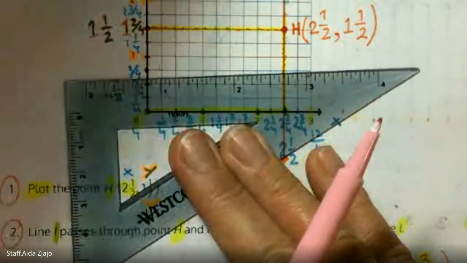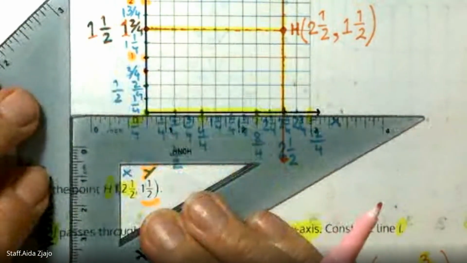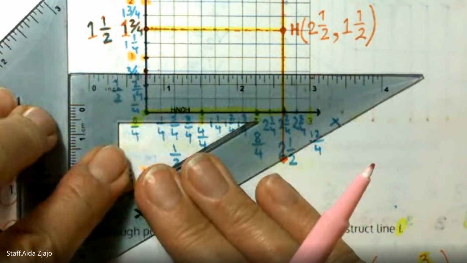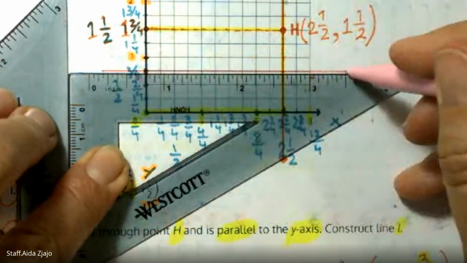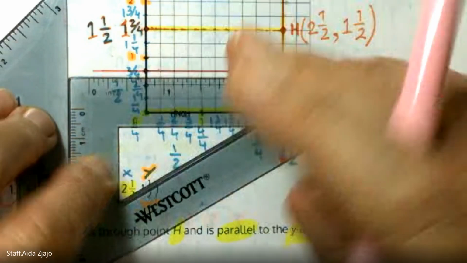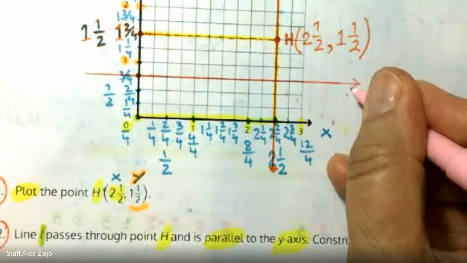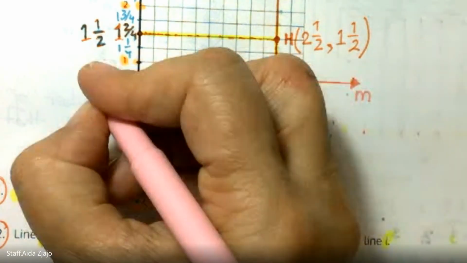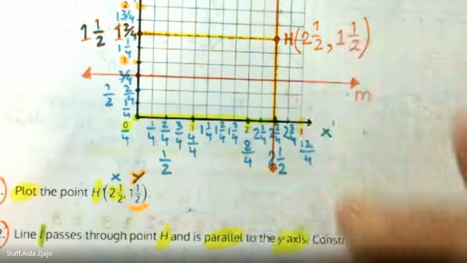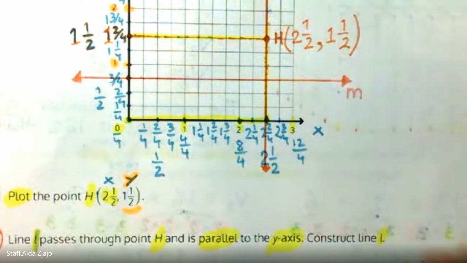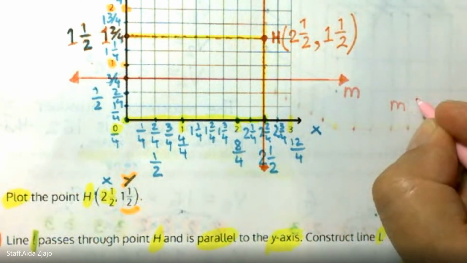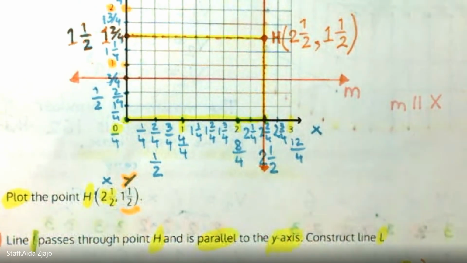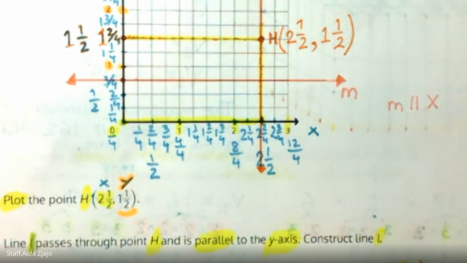So that tells you that line M is going to be parallel to x, and I'm going to draw that one. So this is M, and we can say that M is parallel to X.